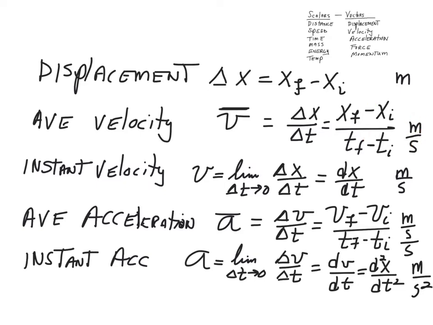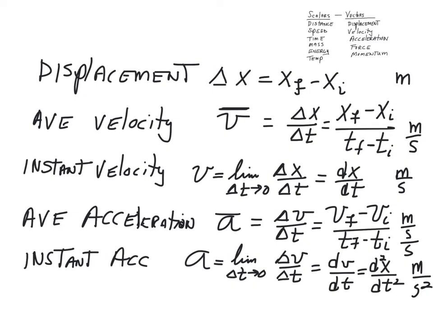And acceleration then is like how many meters per second the velocity changes per second of time. But meters per second per second, we usually write it as meters per second squared.